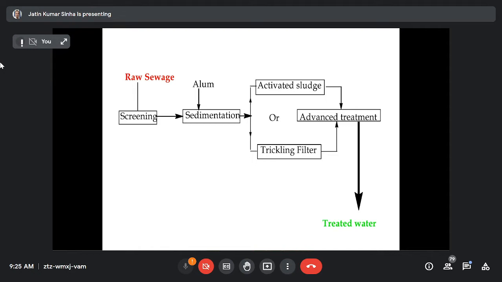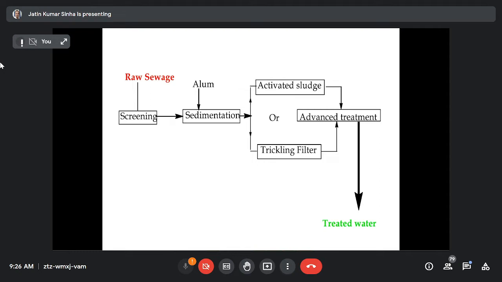That can be done by these two methods: the trickling filter method and the activated sludge method. Finally, after going through these two methods, the water goes for the advanced treatment. Advanced treatment consists of different techniques, like the reverse osmosis system, the distillation system, and also the electrolysis system.